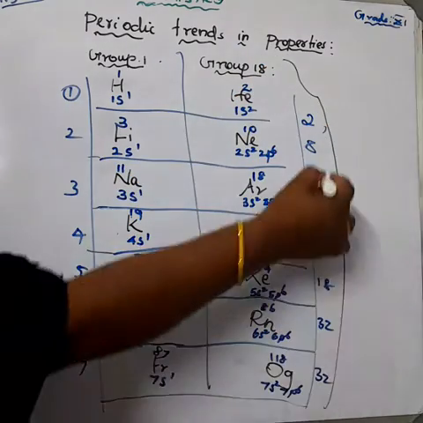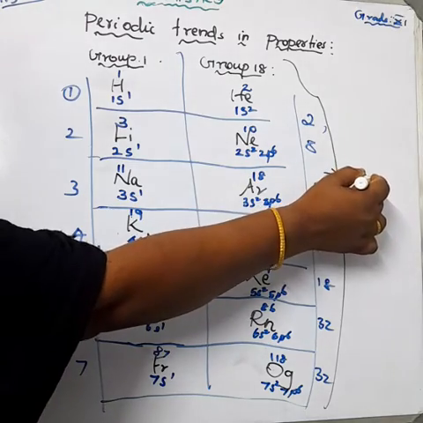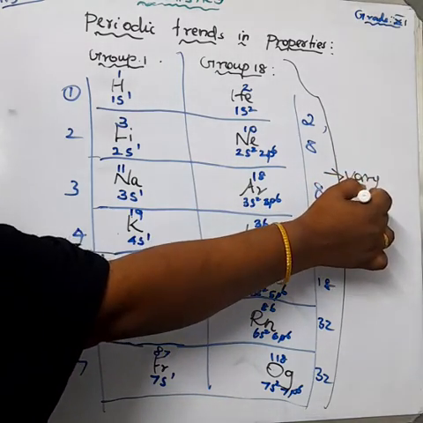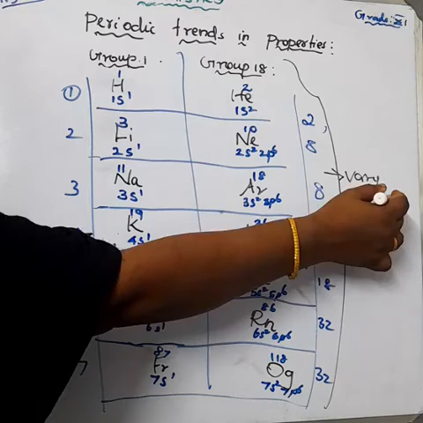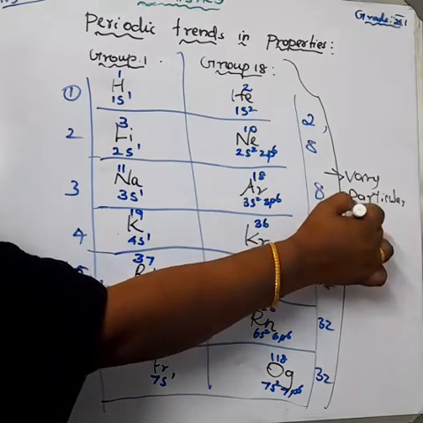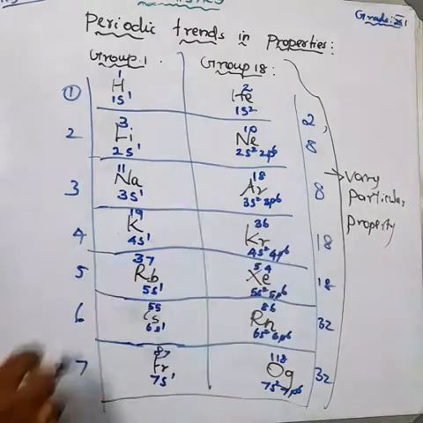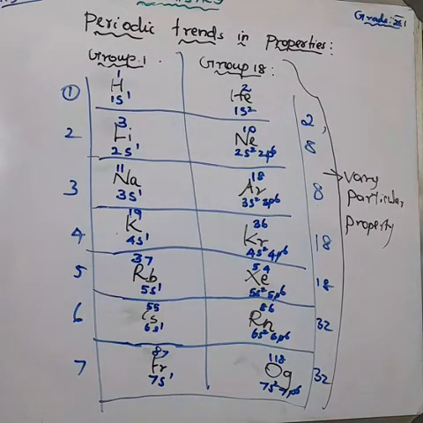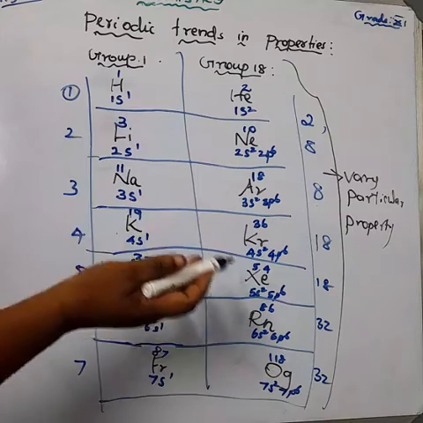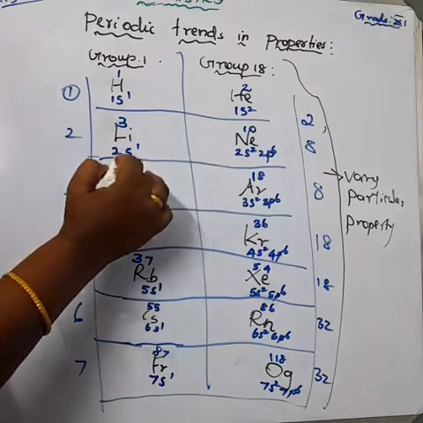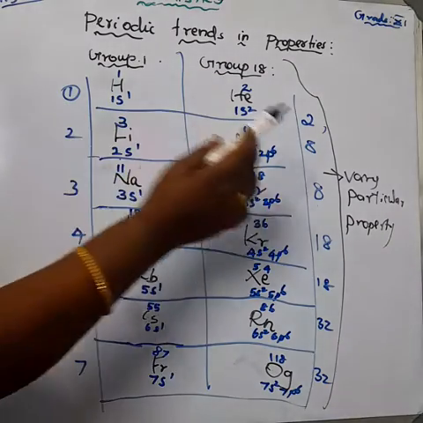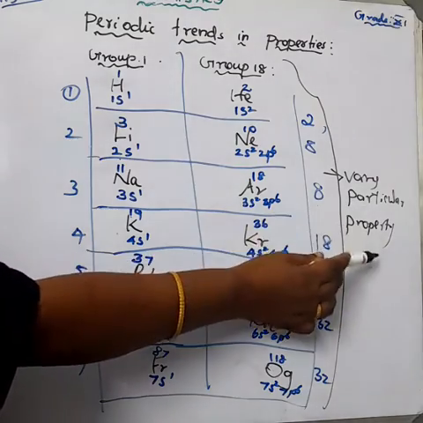The electronic configuration of the elements shows periodic variation with increase in atomic number.